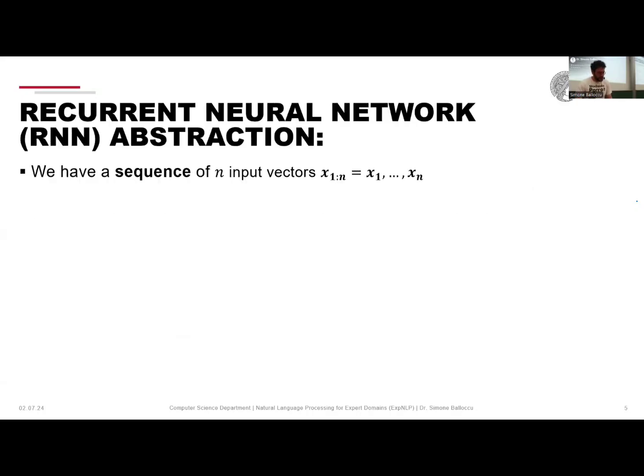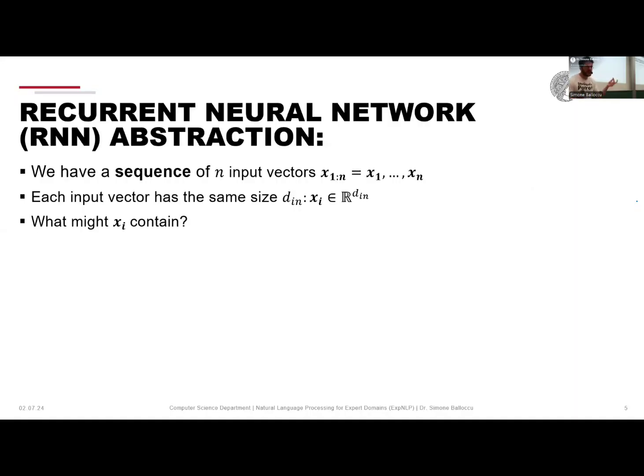Let's go. So with the abstraction of an RNN, we have our usual sequence of inputs. It may be n elements, x1, x2, and so on. Each vector has the same size, D_in, so every element has the same dimensionality, like 300 dimensions, 50 dimensions, whatever.